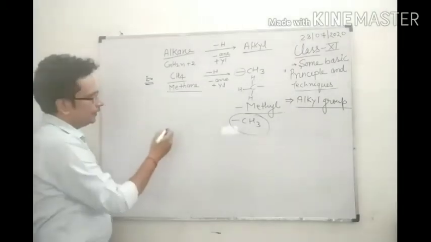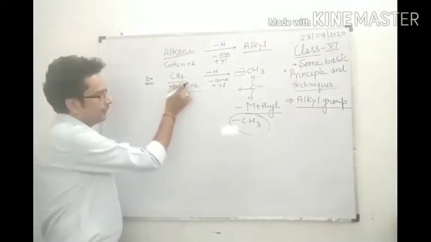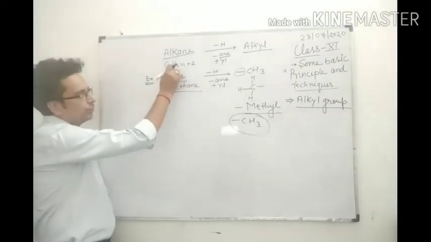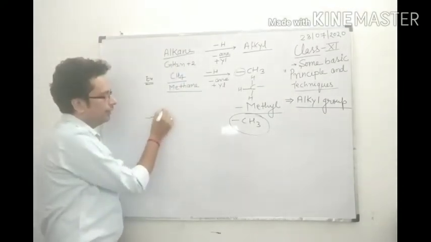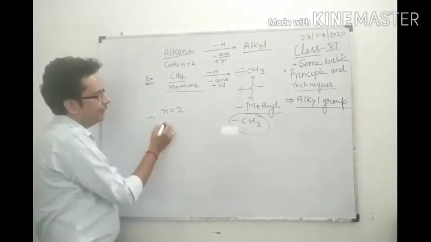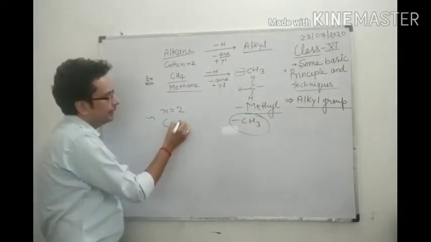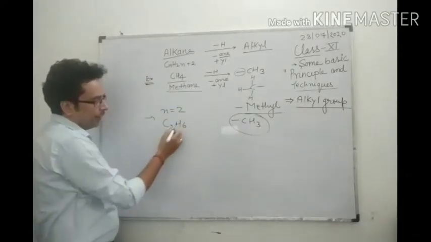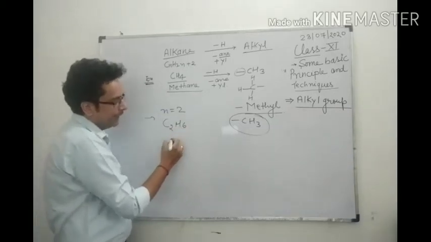Now the next example. If you put the value n equal to 2, then we have C2H6. The name of this compound is ethane.